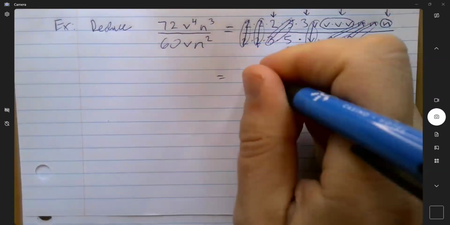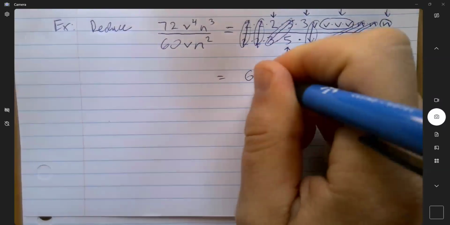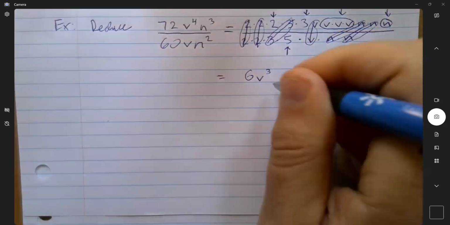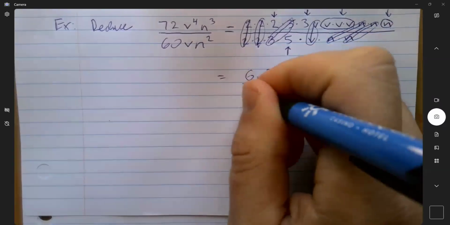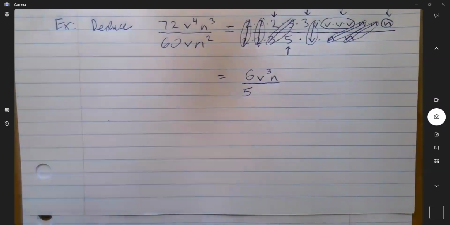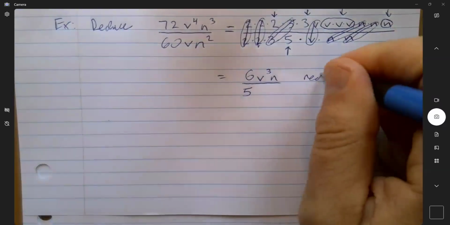So 2 times 3 is 6. 3 of the v's multiplied is v cubed, and an n, all divided by 5 on the bottom. And this is reduced.